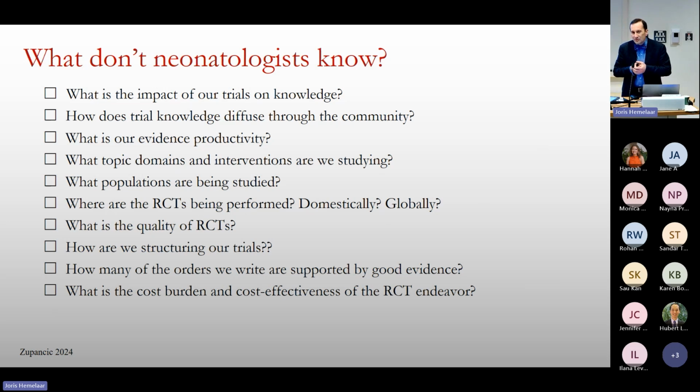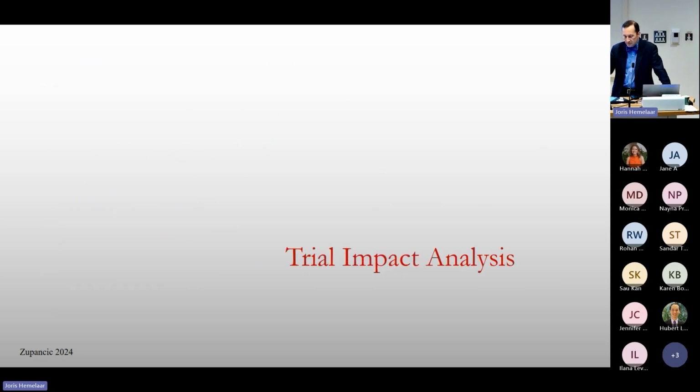And then what I've found is that there might be hiding of good trials in the noise of hundreds or thousands of trials that clinicians are expected to understand. So in order to answer the sorts of questions on that slide, we had started thinking about what the impact of trials was and how to measure that.